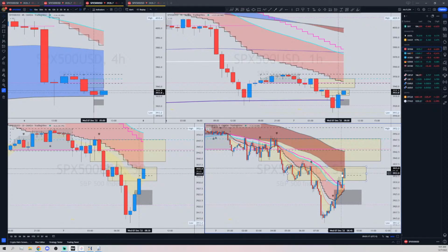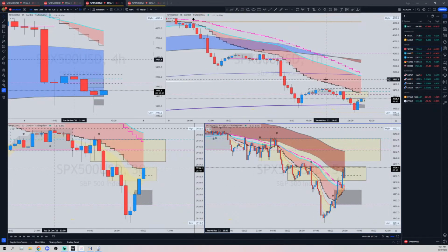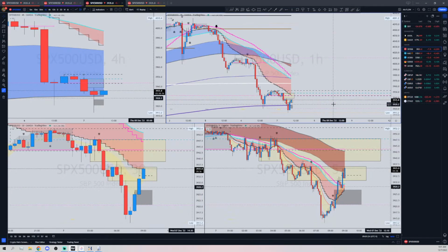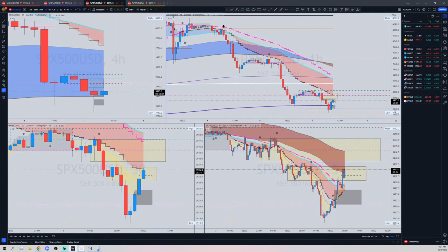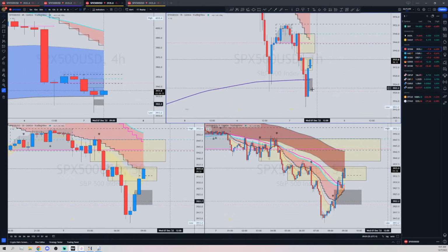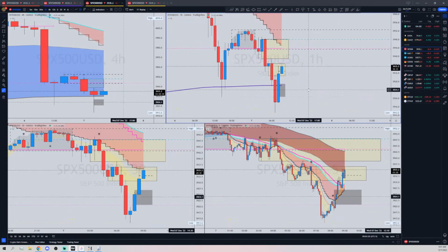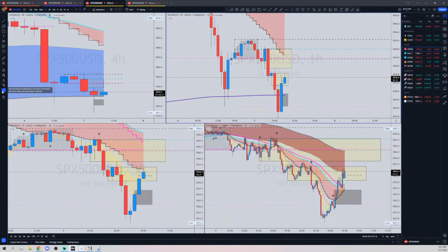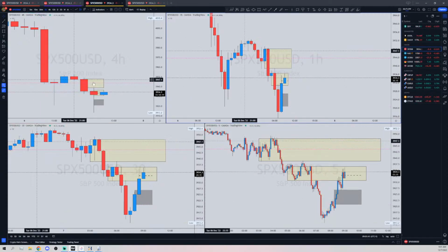As price is reaching up here, we're also in the lows on the hourly time frame. I see we're sitting right here at the bottom of the 800 EMA. The 800 EMA is a major support and resistance. In this case, it's resistance acting as a major floor. So I want to see price continue to reject exactly as it is.